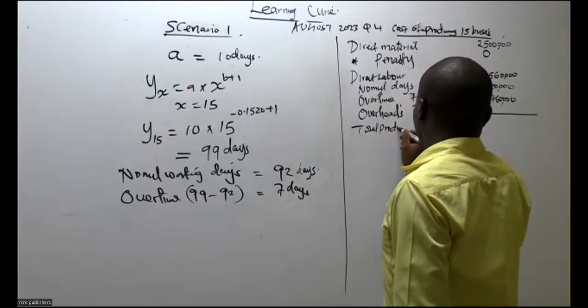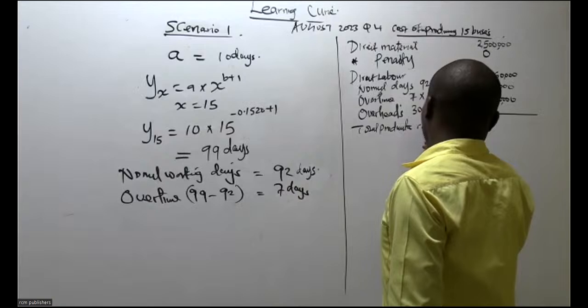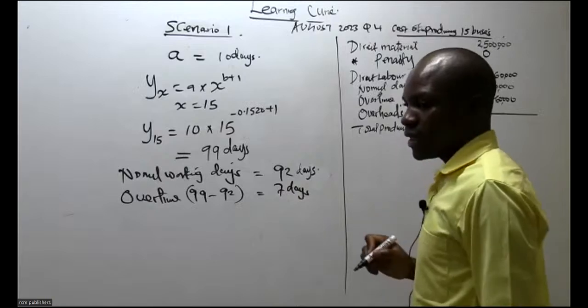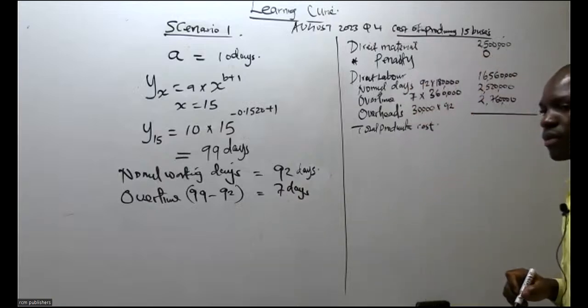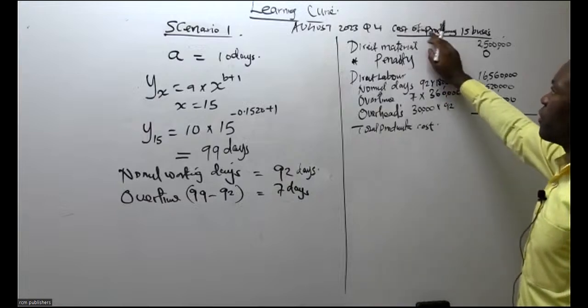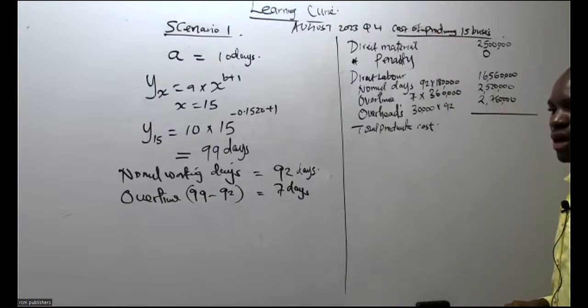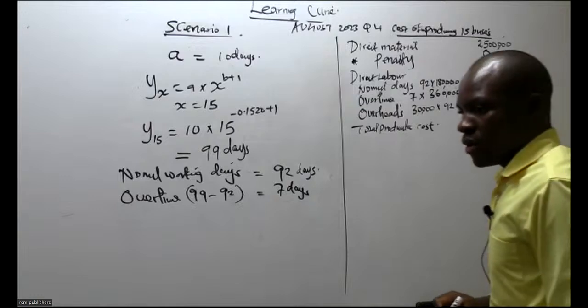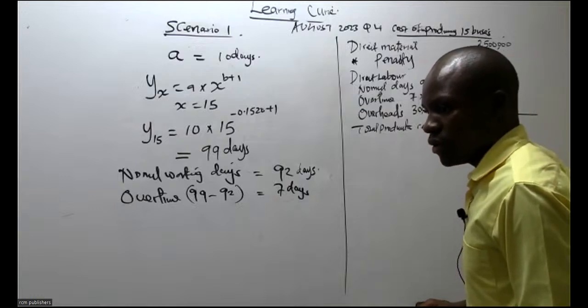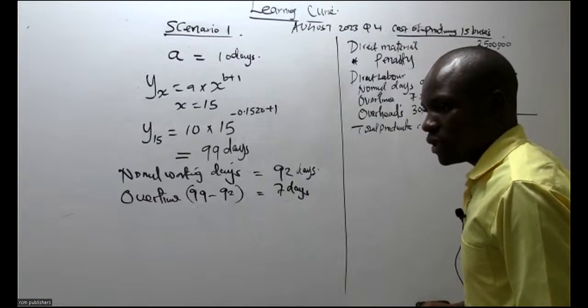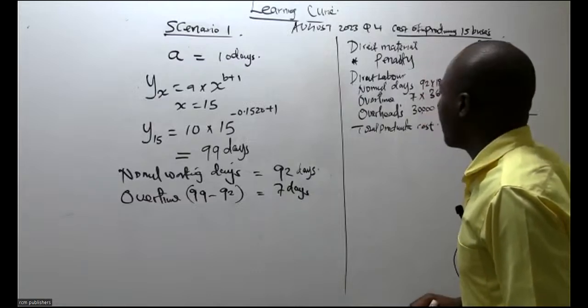Total production cost of 15 buses under scenario 1, tutakuwa na ngapi? Direct material of 2 million per bus.